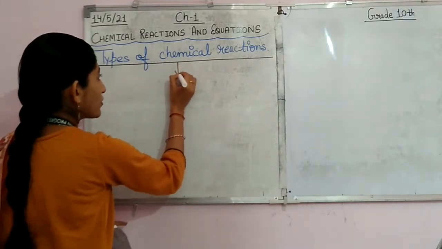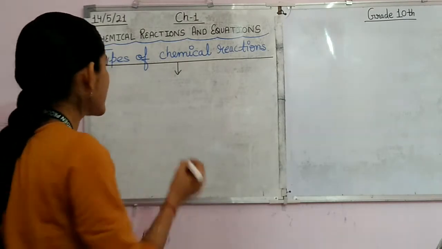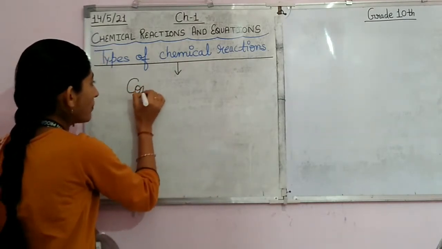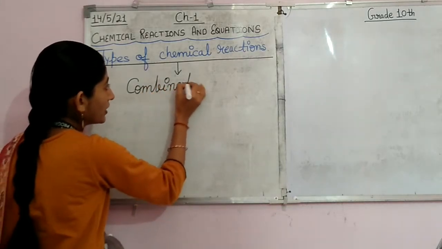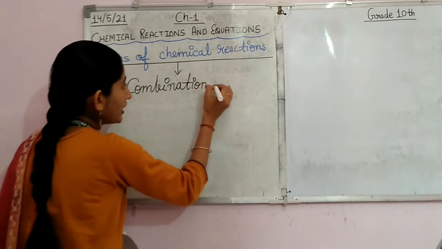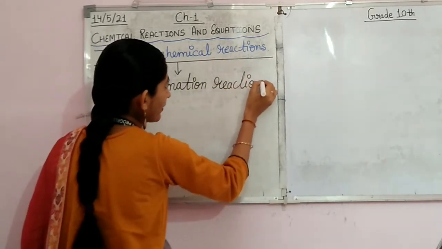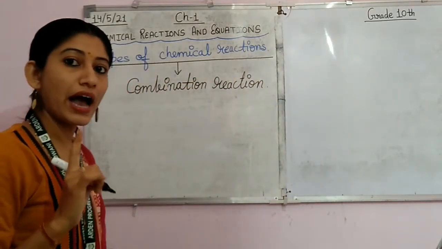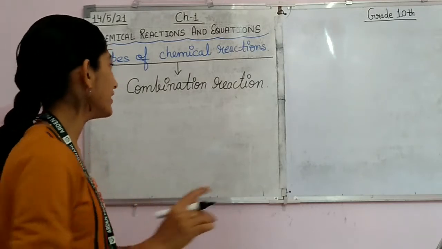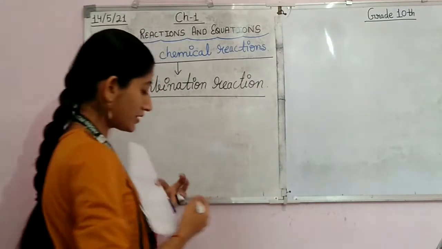In types of chemical reaction, first we are going to discuss the combination reaction. Now, students, I have explained this, and I hope that you are all clear about what happens in this case.